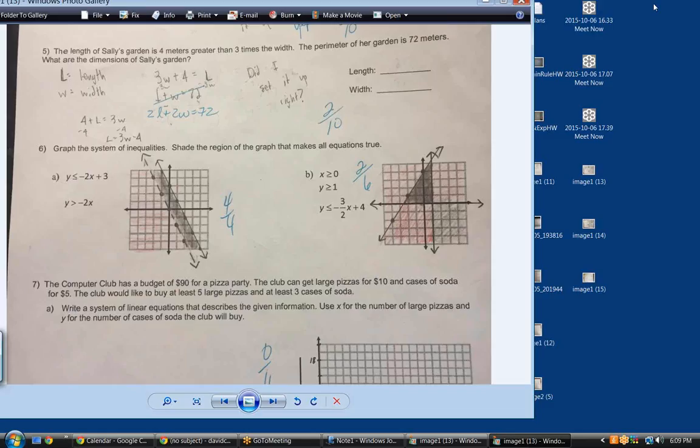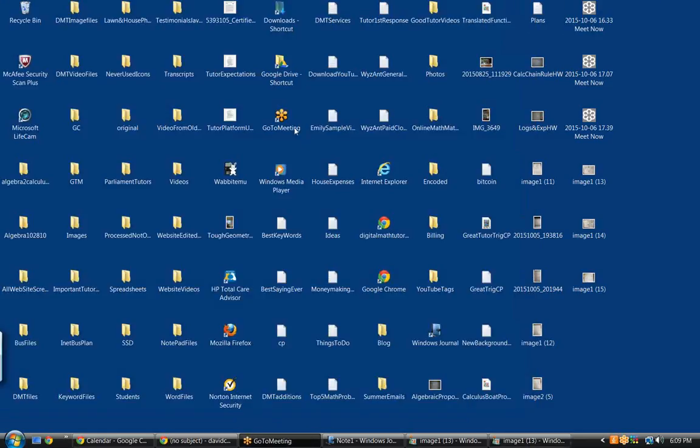You should now see an icon on your desktop that looks kind of like this GoToMeeting thing that I'm pointing at, the orange flower. You should have one of those on your desktop. Let me just check.